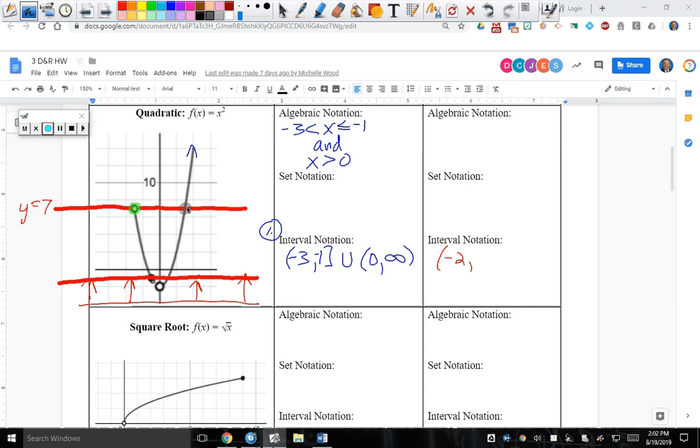So you would basically say from -2 to infinity, because there's no breaks, even though I physically see a break in the graph. Guys, this is huge, and this is the one that gets people in the first quiz. We're going to have our CFA next class. Okay, it's a mini quiz. Y equals 7 does not exist here, but on the same graph, it does exist here. So technically, there's not a break. I would draw it like this, from -2 all the way up. It will always exist as y.